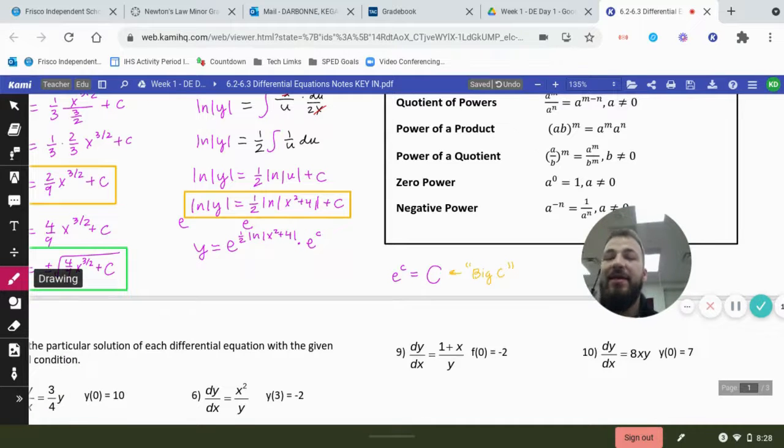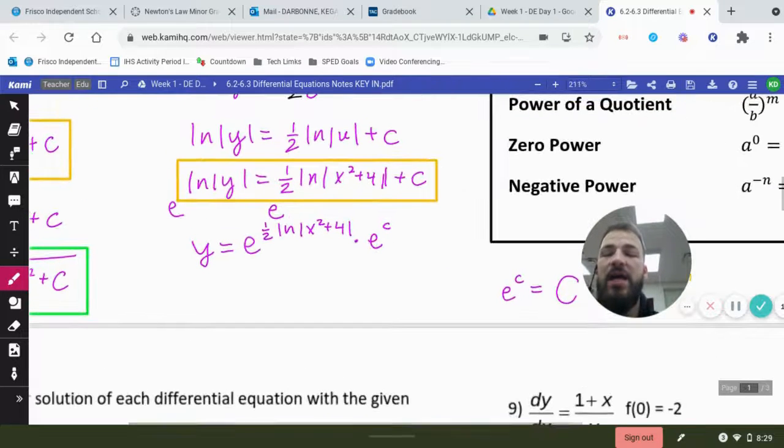So big C happens when you get this e to the c result. So anytime you have a natural log of y, you know your final answer is going to be big C. And this big C shows up all the time in differential equations with growth and decay and all this sort of stuff that involves e. So it's a really important result in calculus. But essentially, big C just becomes kind of like this big constant that's being multiplied in front of your function.